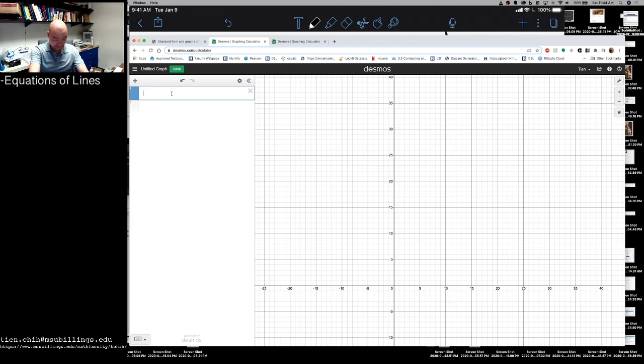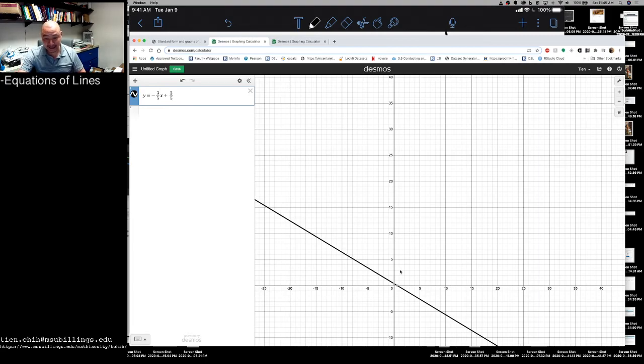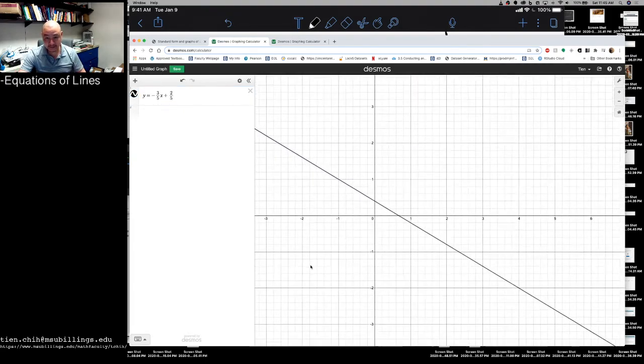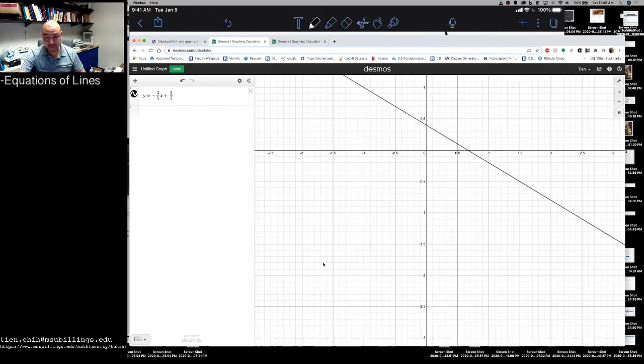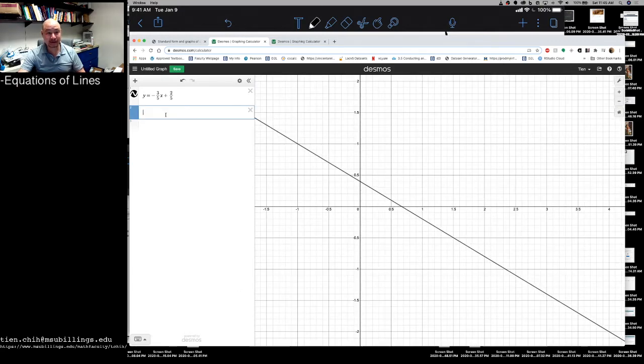So if I go ahead and plot y equals minus 3/5 x plus 2/5, we get the graph for our line.